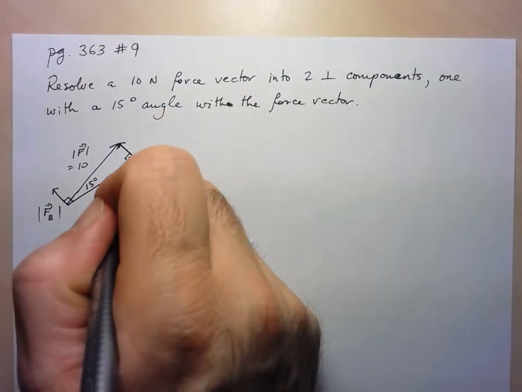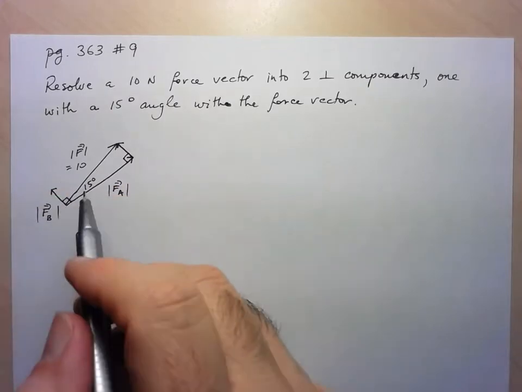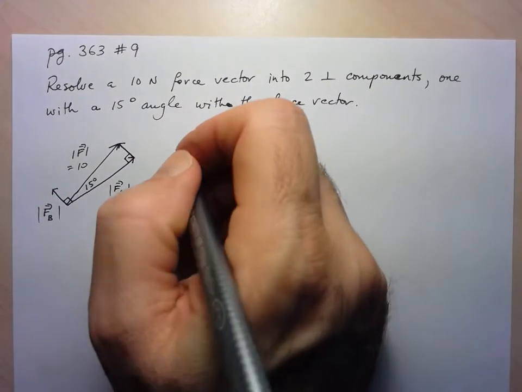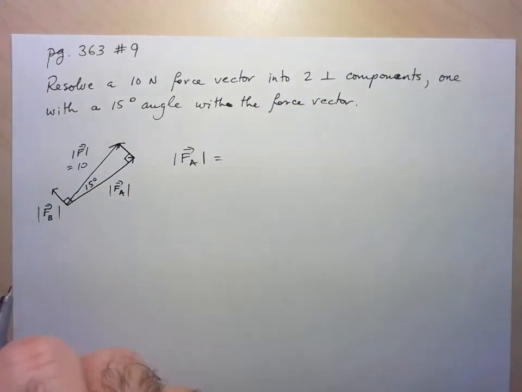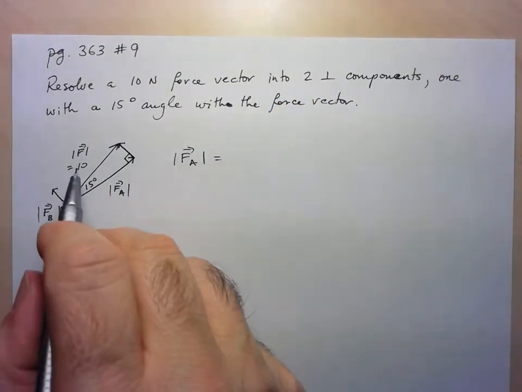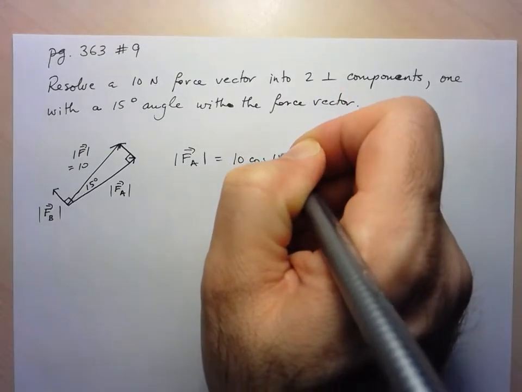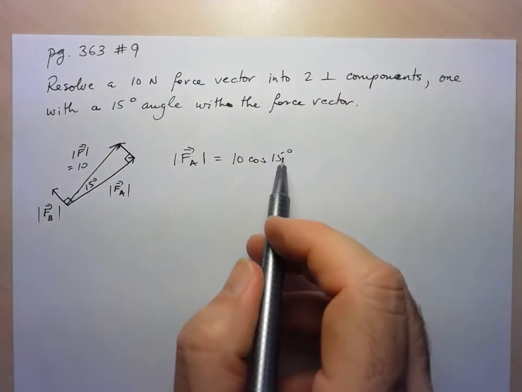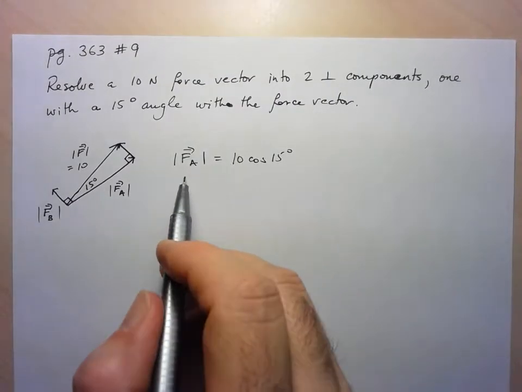So here for FA, we're going to be using cosine because we're looking at the adjacent side in this triangle. So the magnitude of FA, and here I think I'm just going to go ahead and write it straight out, is just going to be 10 cos 15, 10 times cos 15 degrees. Why? Because cos of 15 degrees is just equal to this length divided by 10.